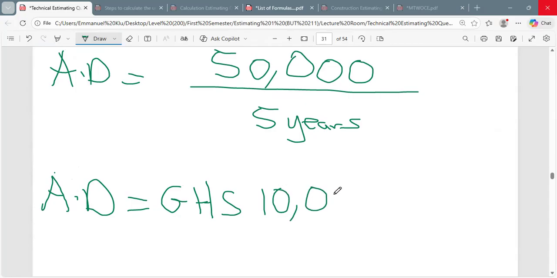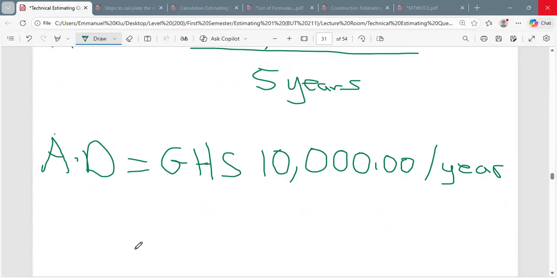They depreciate by 10,000 Ghana cedis per year. But I'm supposed to bring point zero zero first. Point zero zero per year. Okay, that is the annual depreciation.